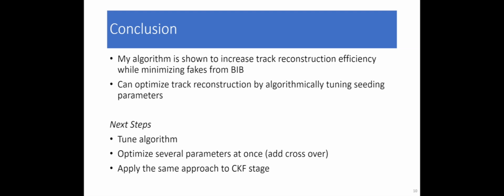But if there were multiple parameters, I could have individuals with different parameters, and I could cross over and add those different parameters to different individuals. And also the combinatorial Kalman filter stage has its own set of parameters, and I could optimize those in the same way that I did for the seeding.